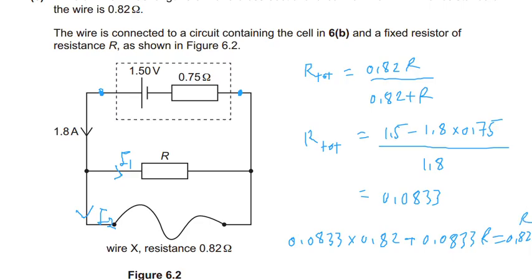I made a cross product here. From this, you can easily get R as this value.